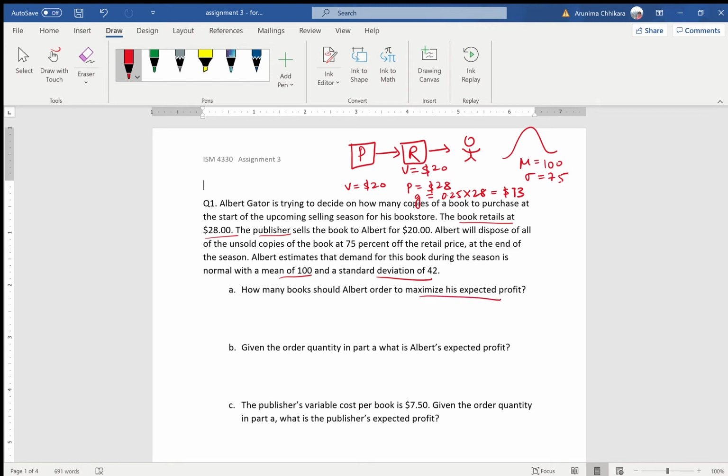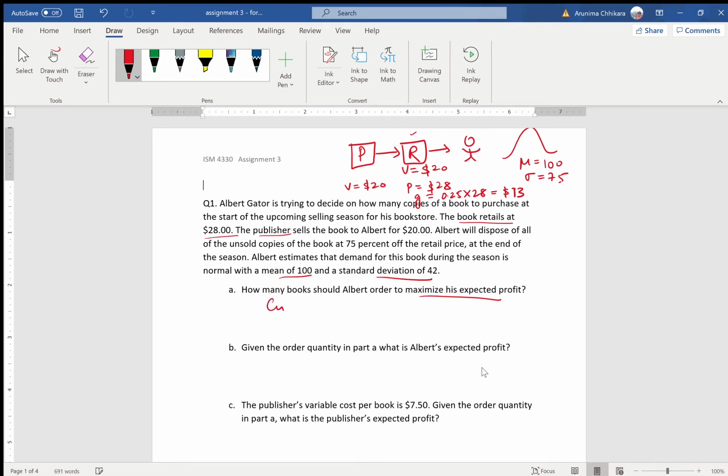Since this looks like a newsvendor model, because there's a retailer with a single shot of ordering some books, which they sell to the end customer, and the customer demand is normally distributed with some mean and some standard deviation, for the first part we would just calculate the retailer's problem.